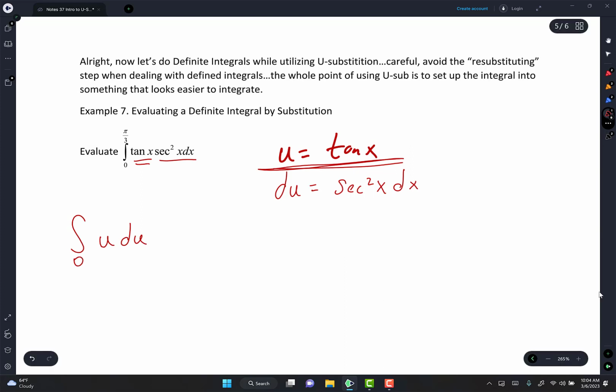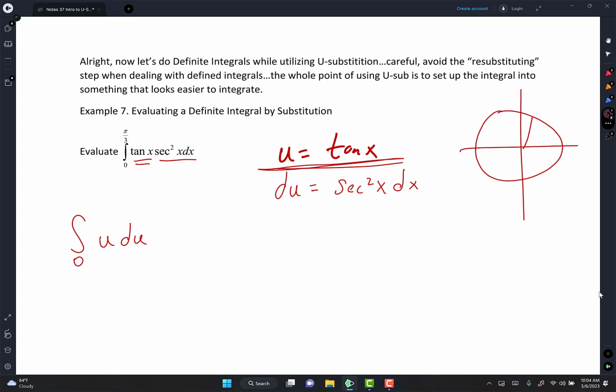And then you think, okay, when tan is pi over 3, what is u? Pi over 3 is way up here. Square root of 3. Remember that tan is y over x. At pi over 3, that's a half, comma, square root of 3 over 2. So square root of 3 over 2 divided by half is square root of 3. Are we good? All right, that's it.